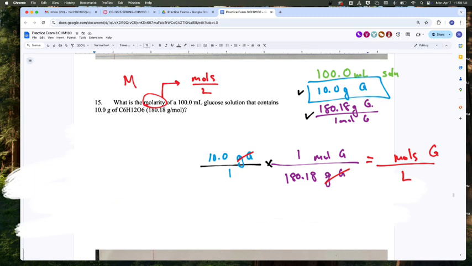I need a volume unit to appear where? In the denominator, which means where should I place my green number? In the denominator. Okay. That's 100.0 milliliters of my solution. What shows up in the numerator?